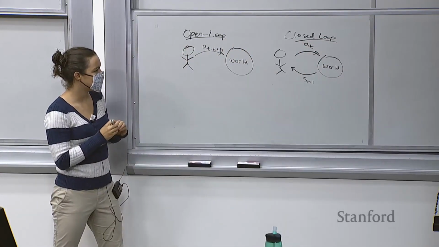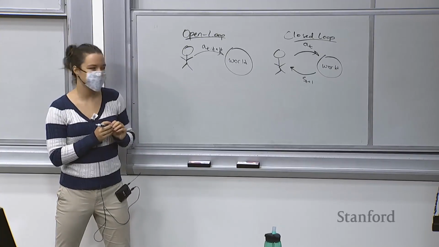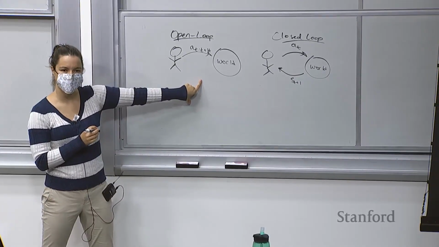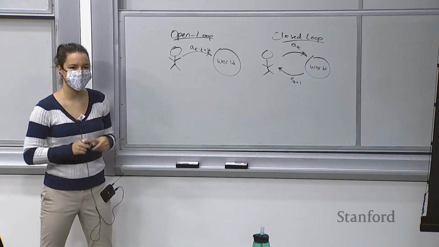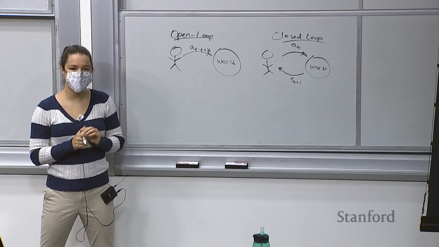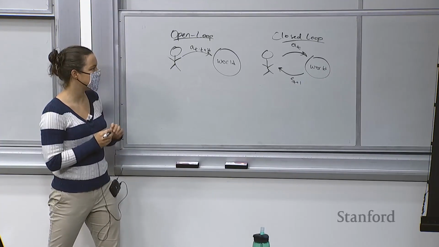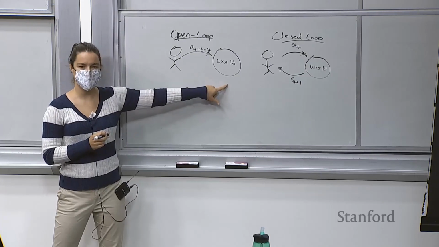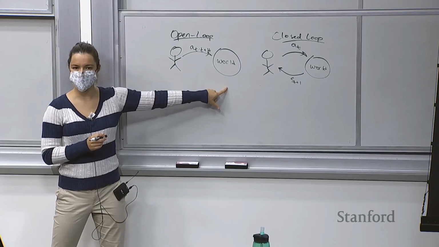Now, does anyone have thoughts on when open loop might be a bad idea? Yeah. If my environment is stochastic. Yeah, so if your environment is stochastic, then this open loop version is going to be suboptimal, most likely.